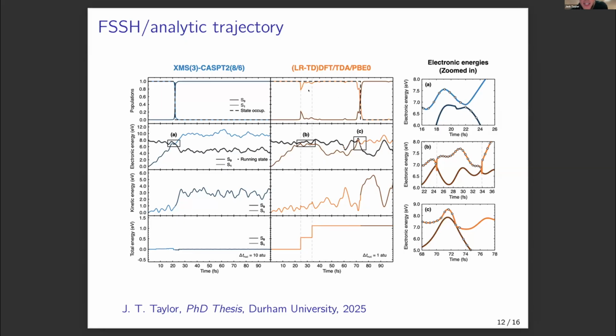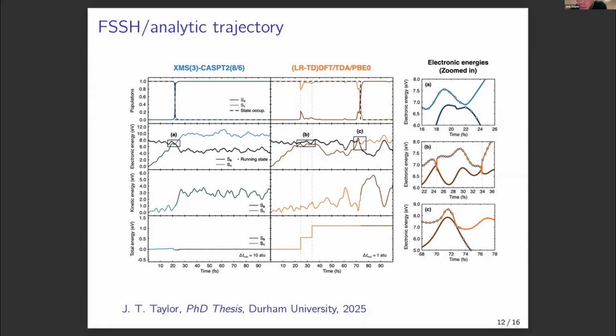If, however, we look at now a TDDFT, we see that we have an unsuccessful hop at the same time as XMS-CASPT2 hopped. We have another unsuccessful hop, and then it's only around 70 femtoseconds we see a successful hop. The unsuccessful hops are accompanied by large jumps in total energy, peaks in kinetic energy, and can be explained by the sharp topography, these cusp-like parts of the potential energy surfaces at these points.